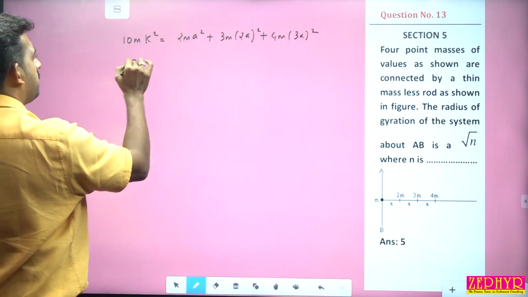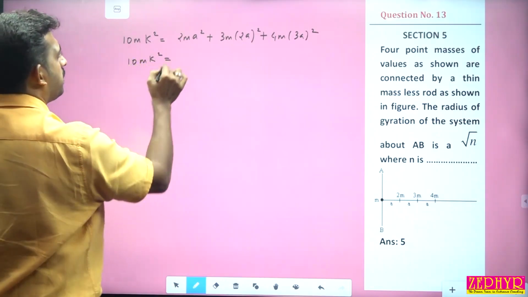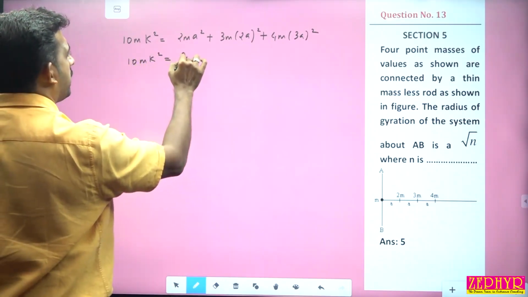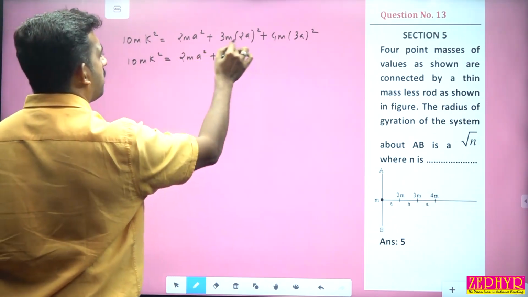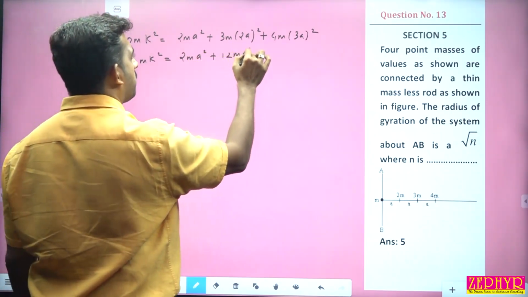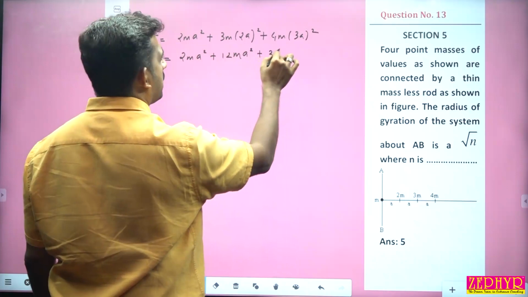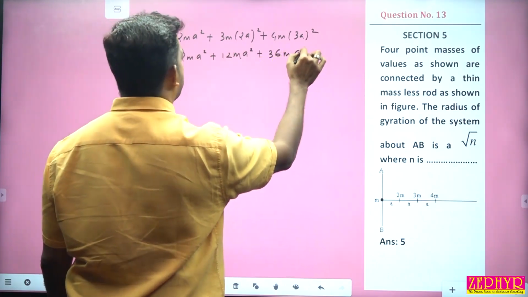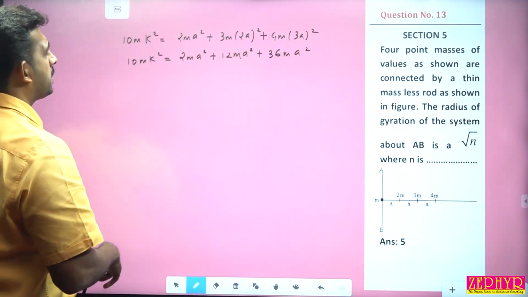So 10m into k square equal to 2ma square, plus 3 fours are 12, 12ma square, plus 4 nines are 36, 36ma square. So what will be this?